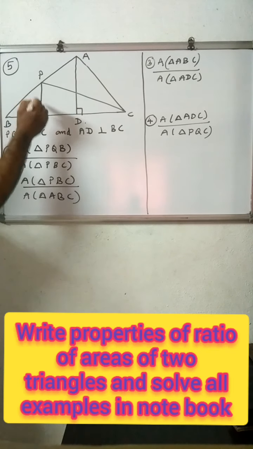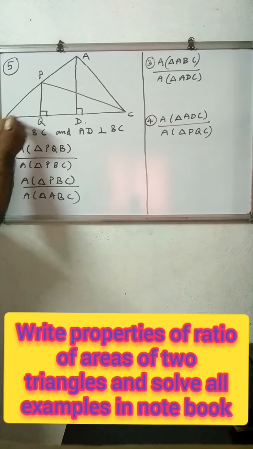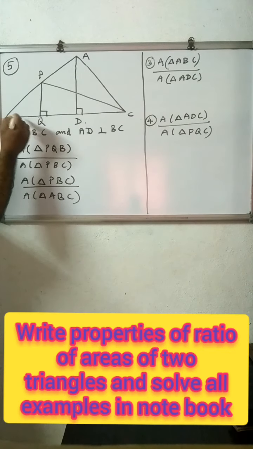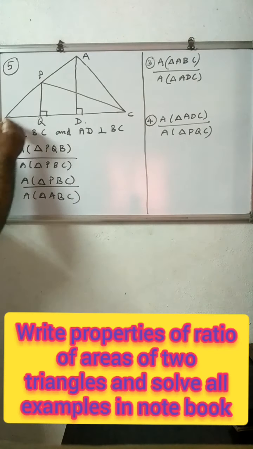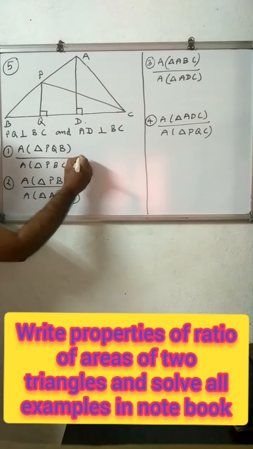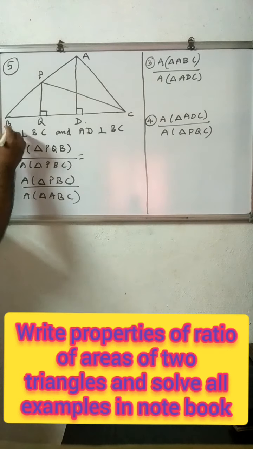Now triangle PQB and triangle PBC, here the base of the triangle PQB is BQ and height is PQ, and triangle PBC, base is BC and height is PQ. So these two triangles are having same height PQ. So ratio of area of two triangles with same height is equal to ratio of length of their corresponding base.